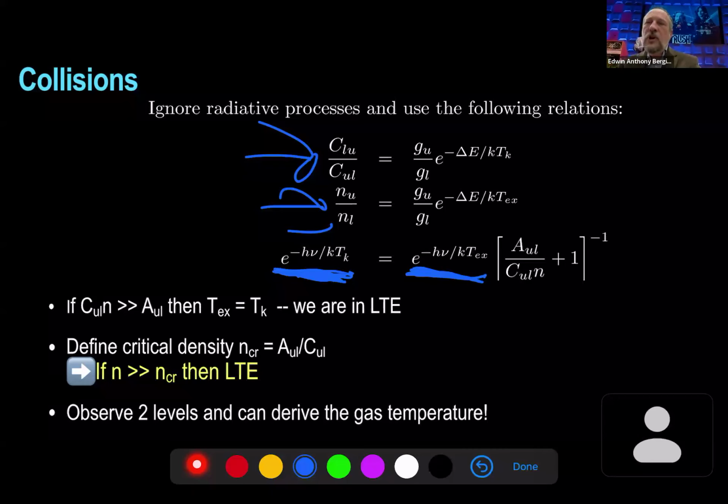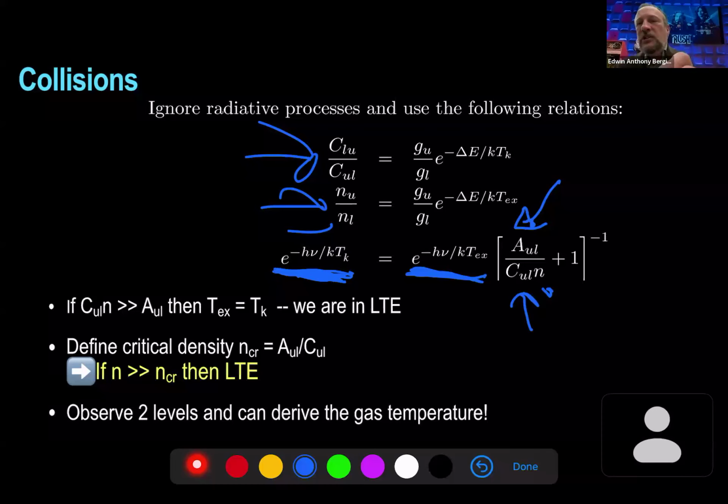And I'll show you why the excitation temperature may not equal the kinetic temperature and how we can derive these various quantities. This is my spontaneous emission. That's the collision rate. There's my density. So very simply, I can break this thing down.